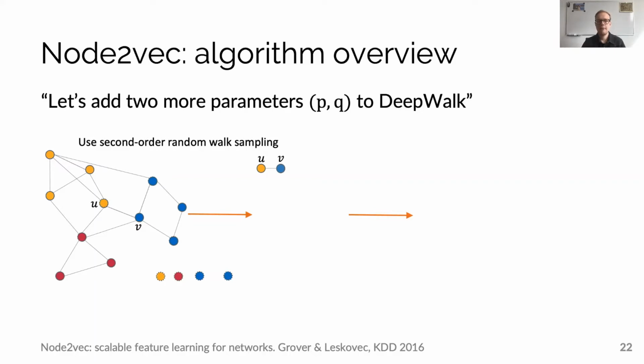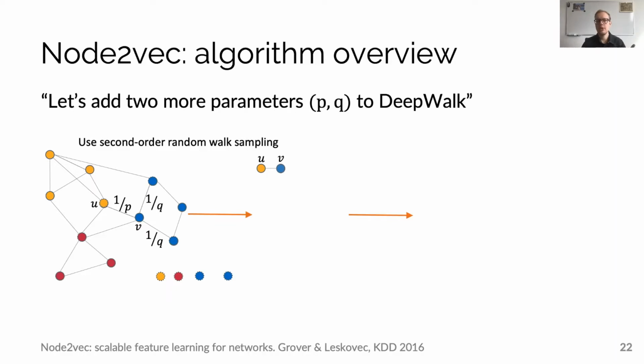Basically, we have 4 candidate nodes to go to: U to go back, the red node on the bottom left, and 2 blue nodes. And we go back with the weight. It's not a probability per se, so the probabilities are normalized for each step, but it's 1 divided by P, and then going to the nodes that are 2 hops away from the previous node.